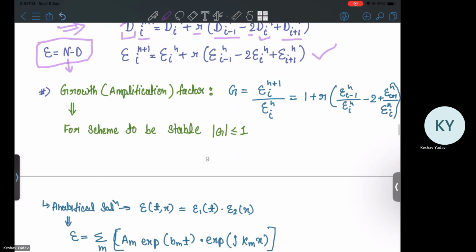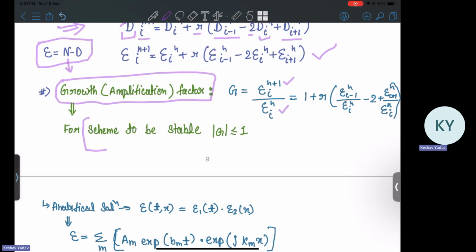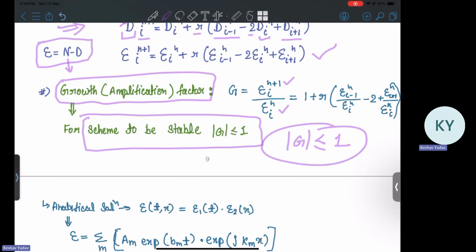Now the growth factor or amplification factor is defined as G. G is equal to epsilon at (n+1)th iteration divided by epsilon at nth iteration. The scheme is said to be stable if the modulus of the growth factor G is less than or equal to 1. We want it to be less than 1, but if it is equal to 1, then it is all right, since the error is not increasing in time.